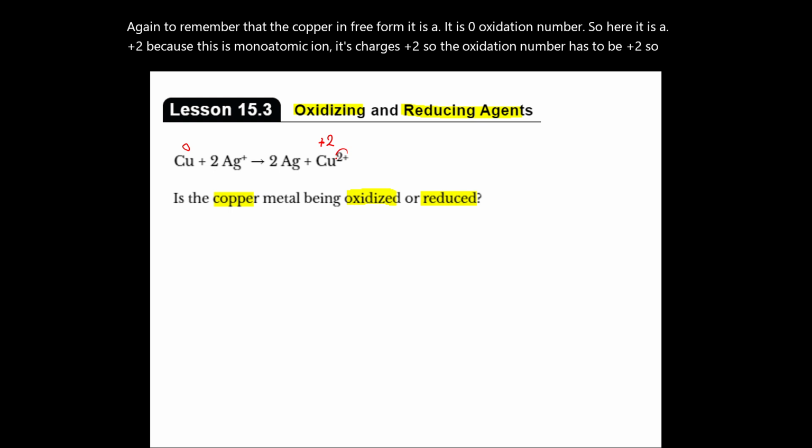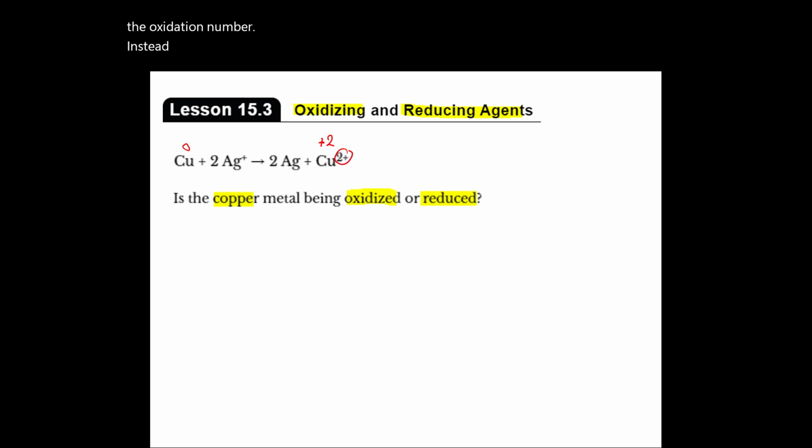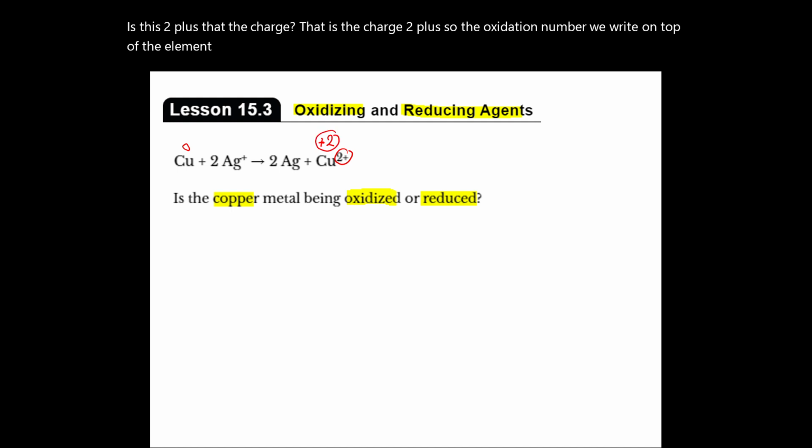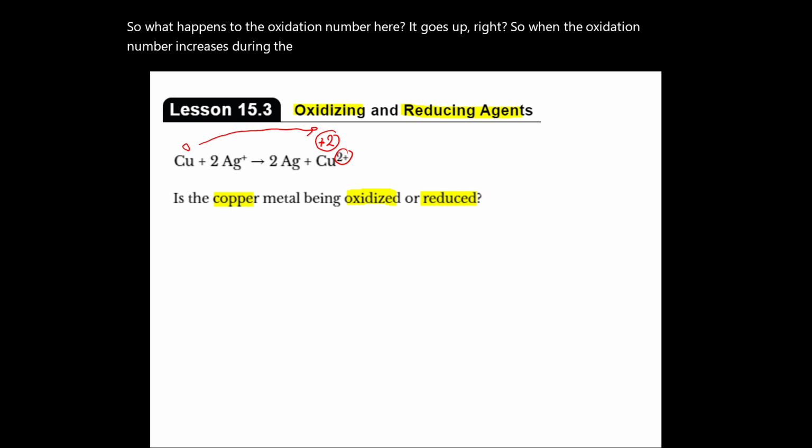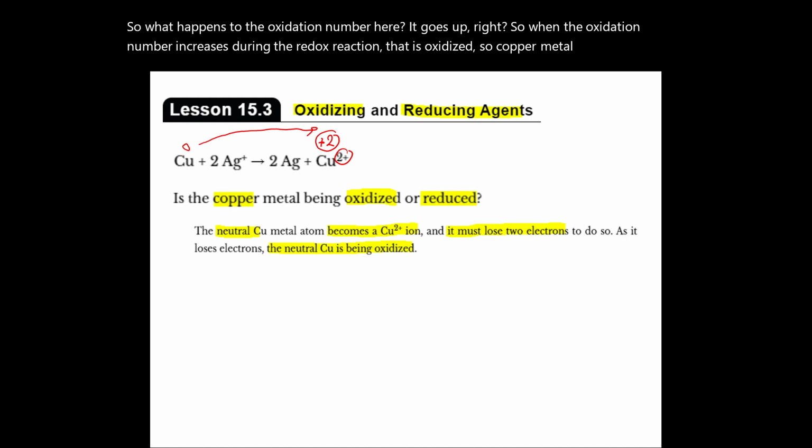The oxidation number we write on top of the element, in this case the copper ion. So what happens to the oxidation number here? It goes up, right? So when the oxidation number increases during the redox reaction, that is oxidized. So copper metal is oxidized.